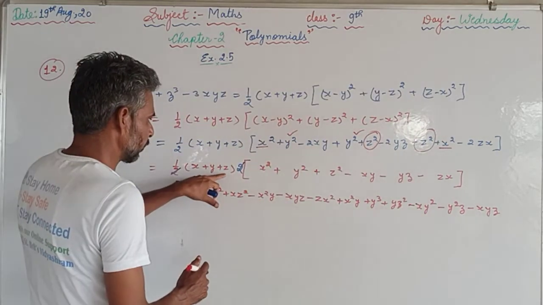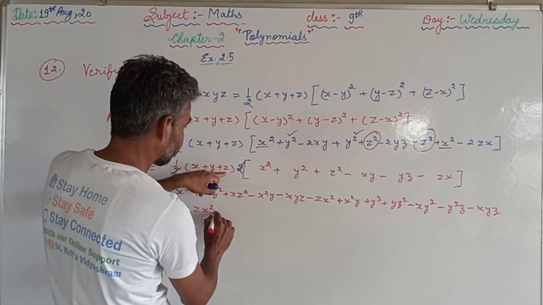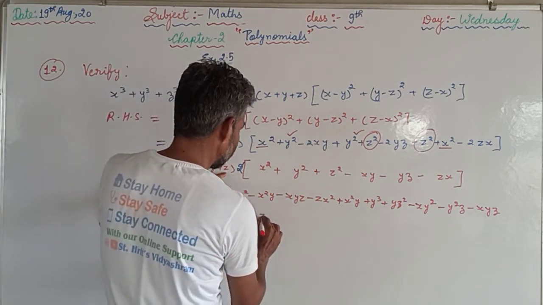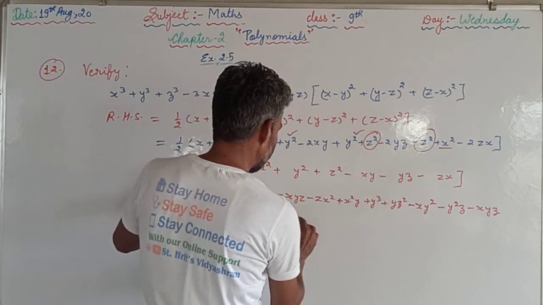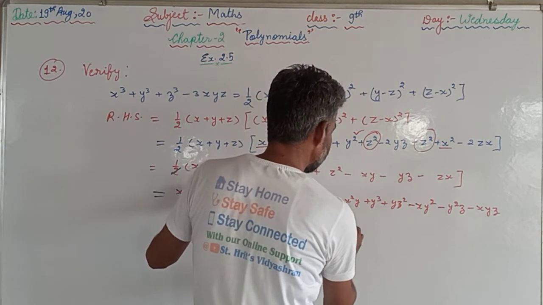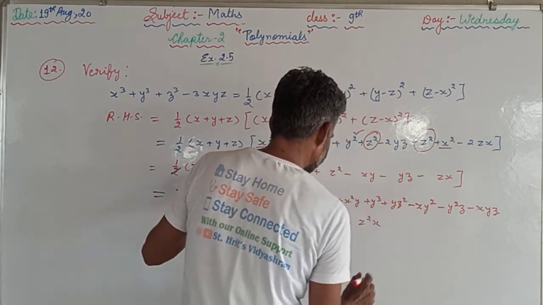Now we have to multiply by z: x square z plus zy square plus z cube minus xyz minus yz square minus z square x.